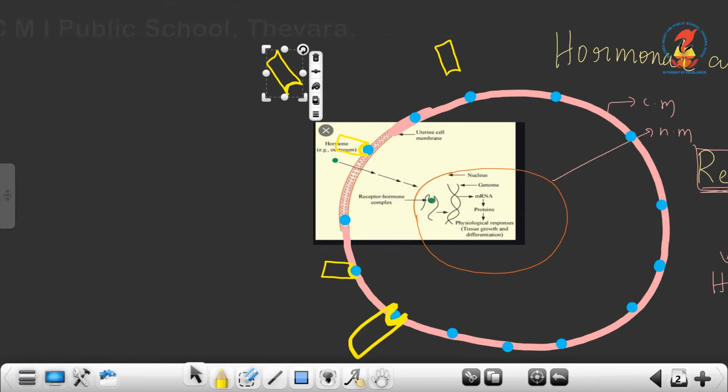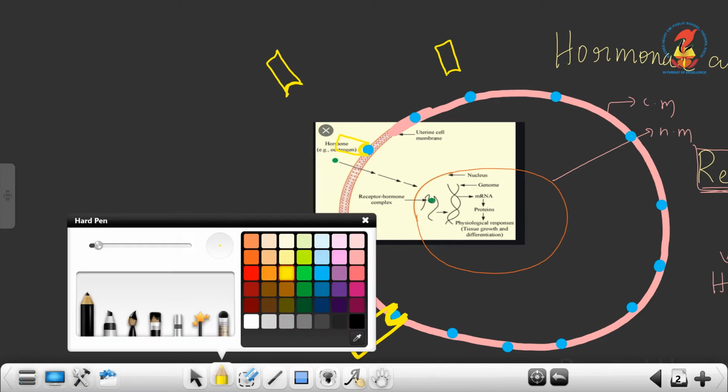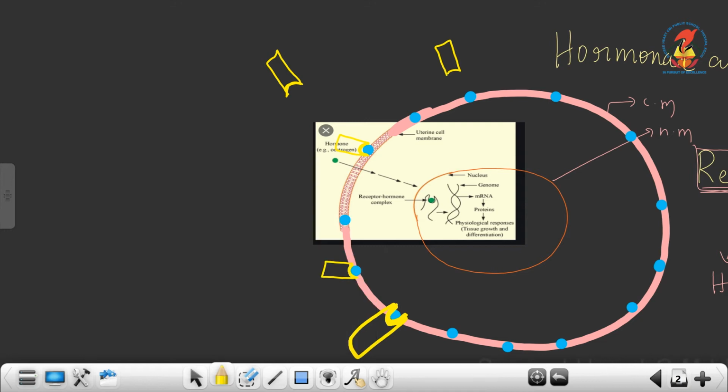Okay. So receptor hormone specific means each receptor is specific to each hormone, not that all the receptors are bound with the hormones. The hormones come and correctly bind to the receptor which is specific to it. Clear? Now this hormone, whether it's membrane bound, is going to bind with the membrane bound receptors, or it's going into the cell and binds with the intracellular receptors.